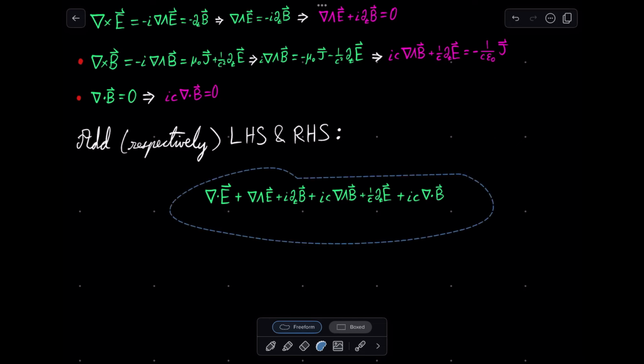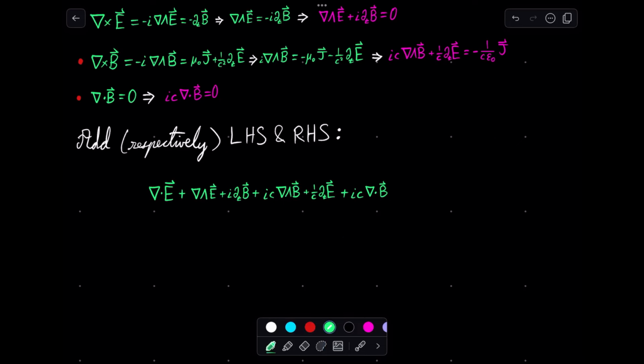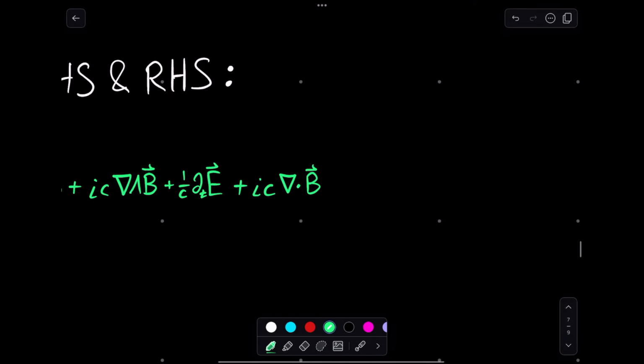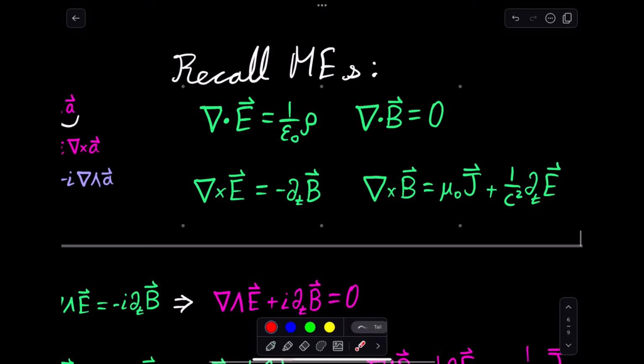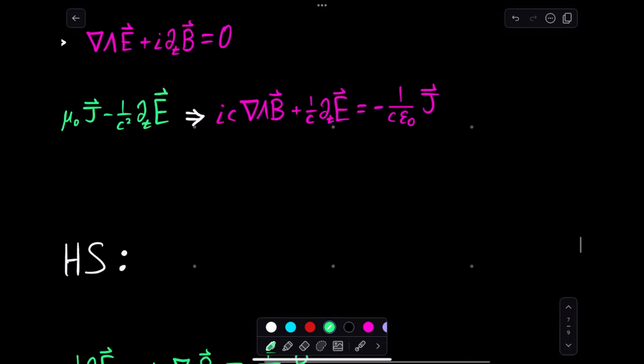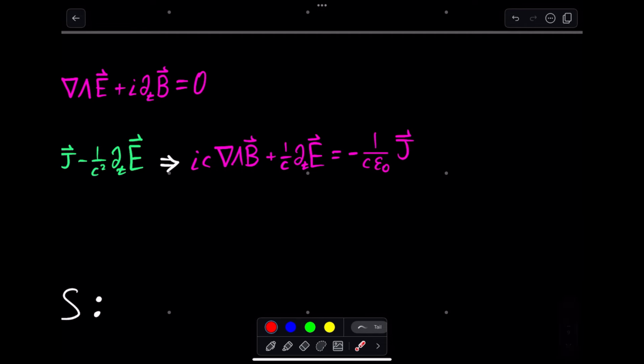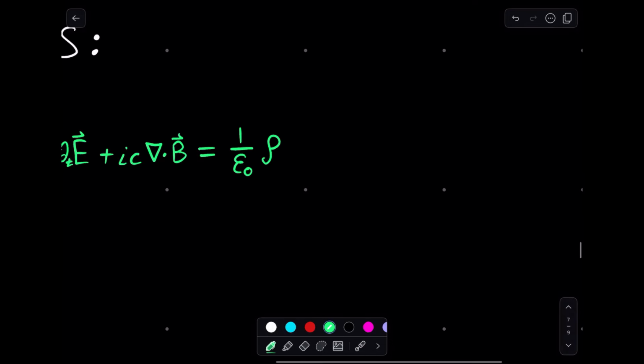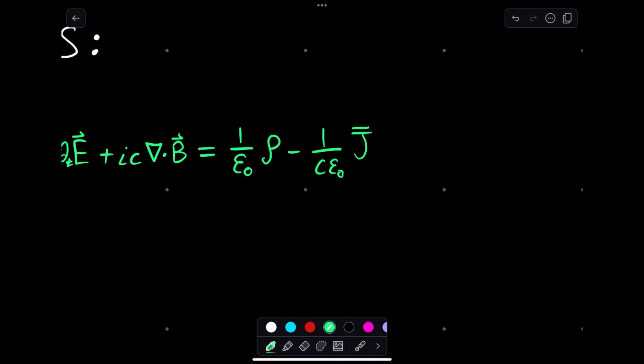So you end up with this left-hand side of the equation. And it's equal to, from this, you have 1 over epsilon naught rho, 1 over epsilon naught rho. Then you have minus 1 over epsilon naught 1 over c j minus 1 over c epsilon naught j.